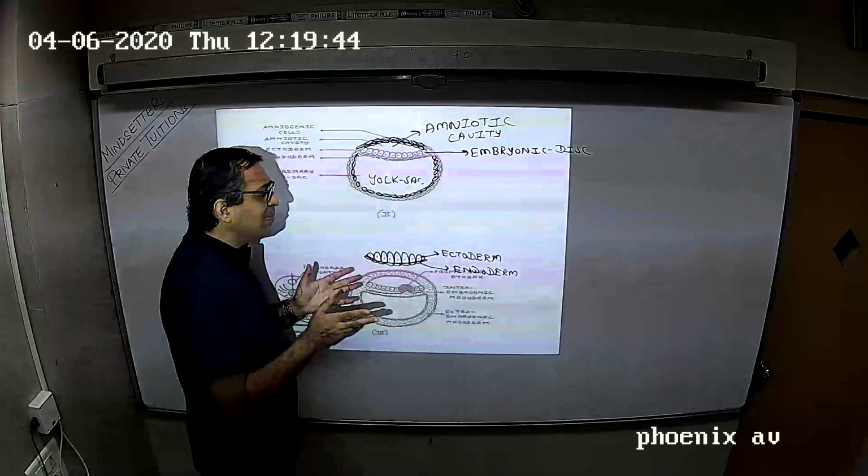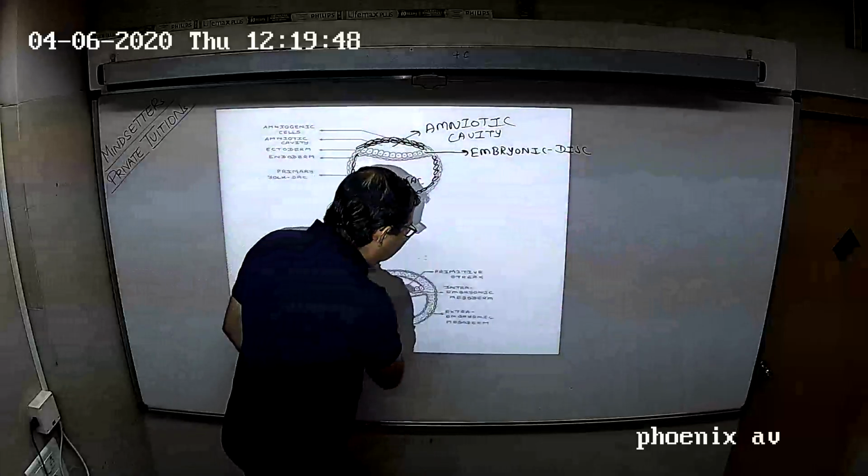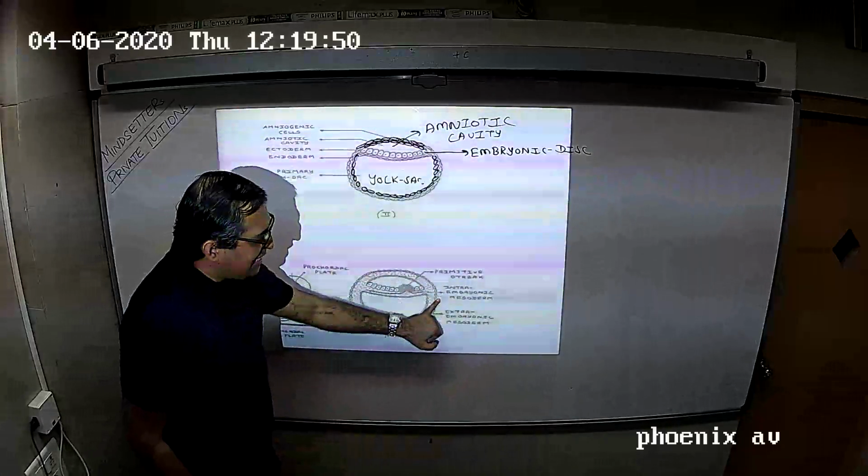And now something crucial will happen at this point. The trophoblast cells everywhere.